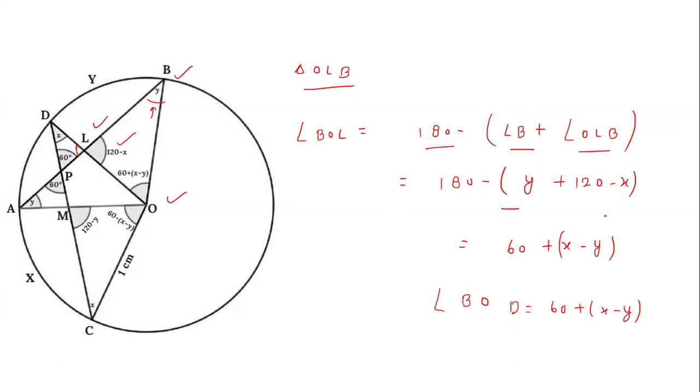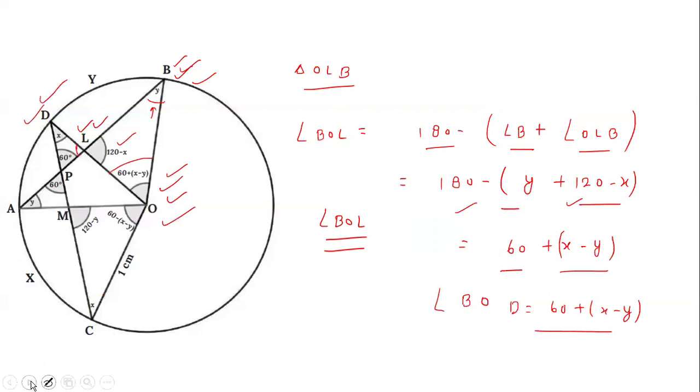Angle B is y and angle OLB is 120 minus x. So 180 minus 120 is 60, and here is plus x minus y. This is the same as the angle BOD, the angle BOD is the same as the angle BOL. This angle is the same in both the triangle BOL and the arc BOD.